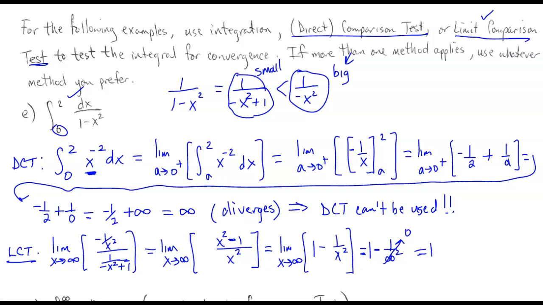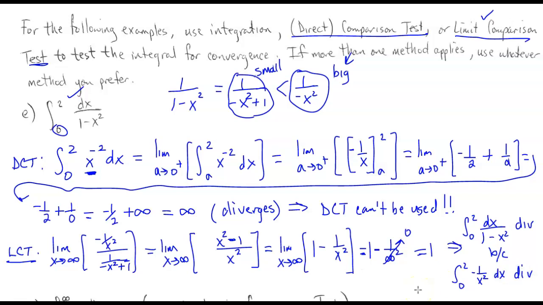So from here, what this is telling us is that our original integral that we were trying to figure out whether it converges or diverges is actually going to diverge, because the improper integral for the bigger function that we were dealing with here diverges.